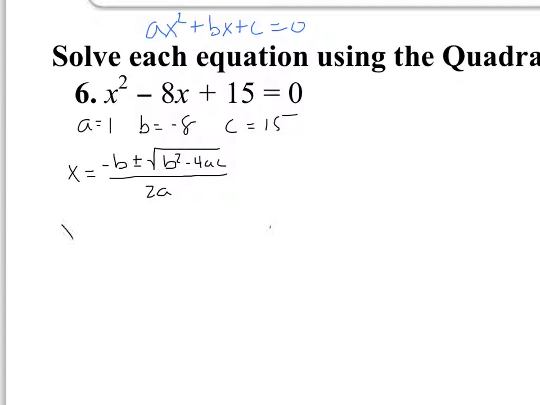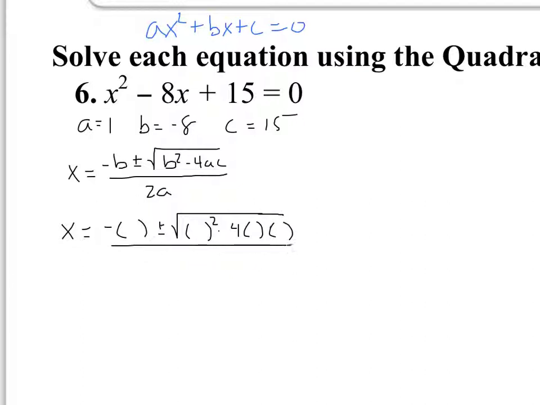So I have x equals negative parenthesis plus and minus the square root of parenthesis squared minus 4 times parenthesis, all over 2 times parenthesis.